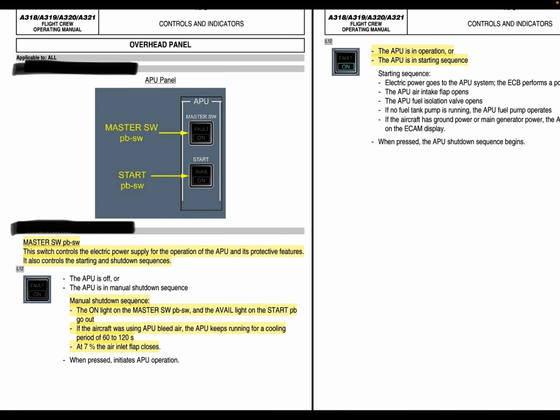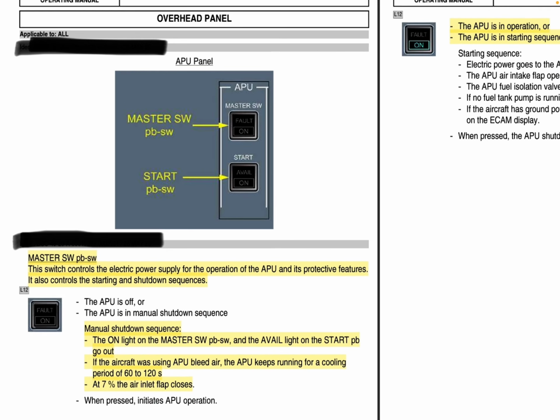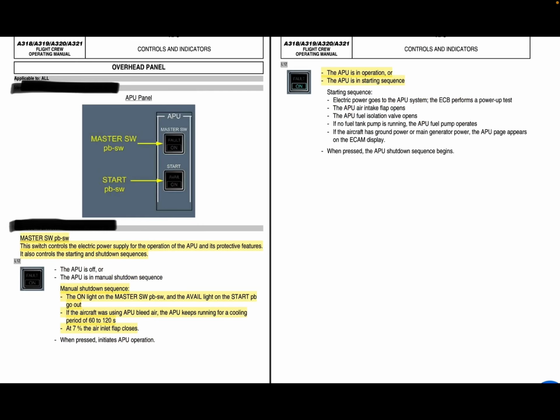What does the master switch do? It supplies electrical power for APU operations and its protective features, right? It also controls the starting and shutdown sequence. We are talking about the master switch.